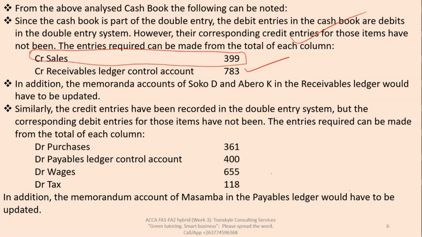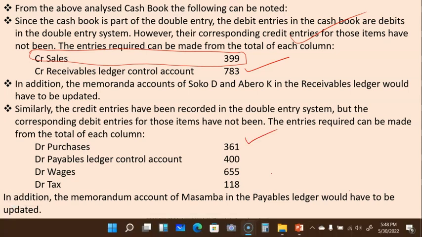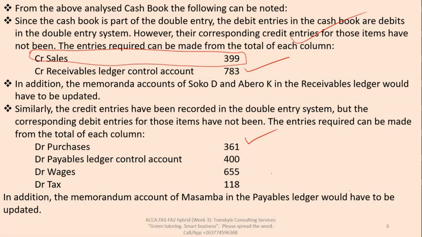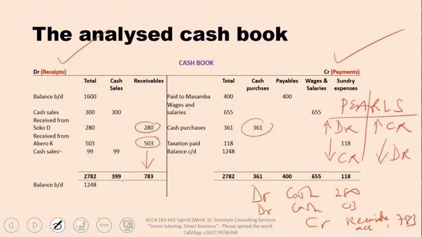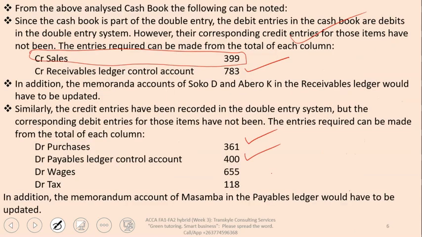For the Masamba transaction, we had previously procured goods on credit. But this time we were now paying. So there was a payable there, and by paying, we are reducing a payable.